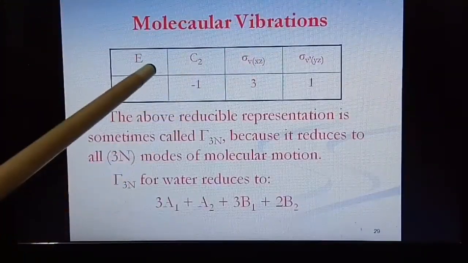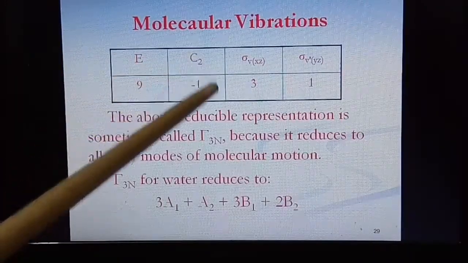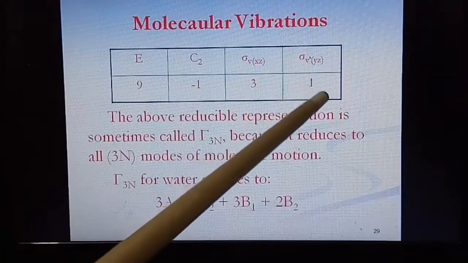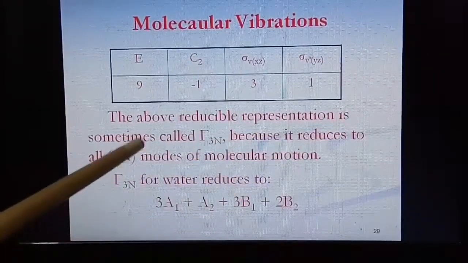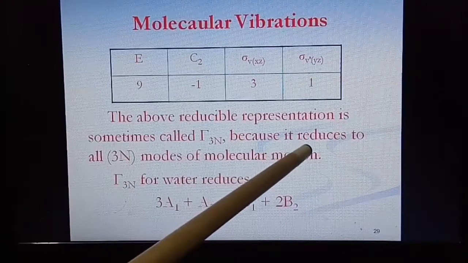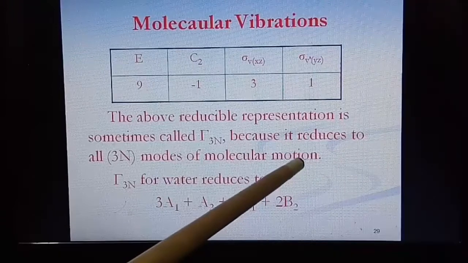Now the total tau will be E: 9, C2: minus 1, sigma v xz: 3, sigma v yz: 1. The above reducible representation is sometimes called tau 3n because it reduces to all 3n modes of molecular motion.